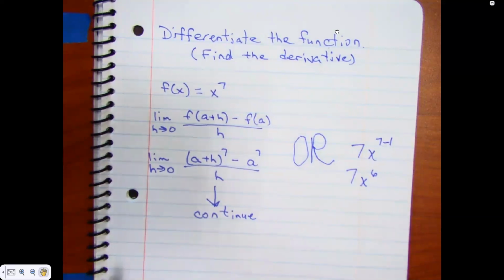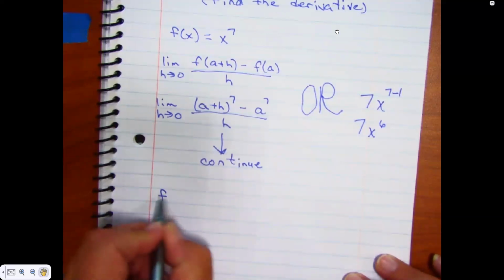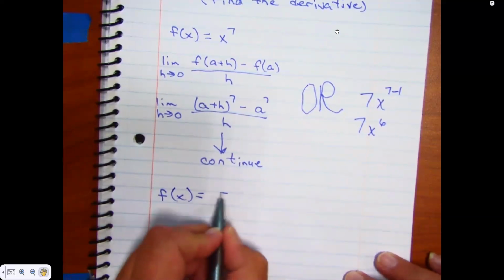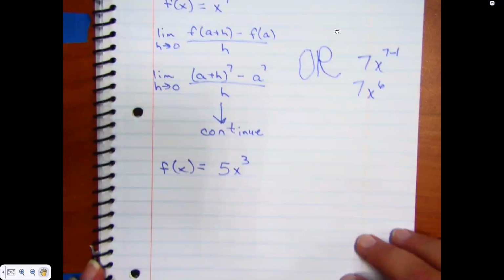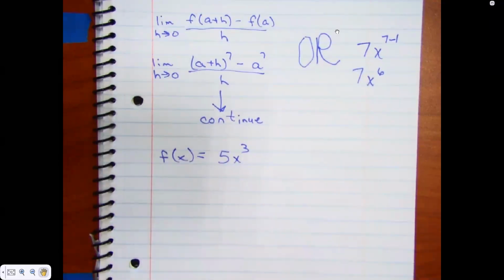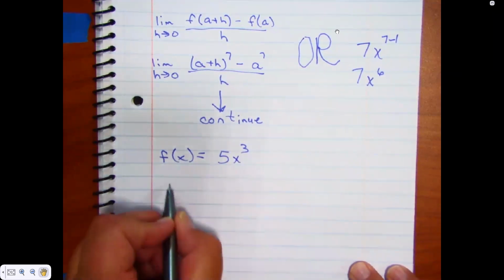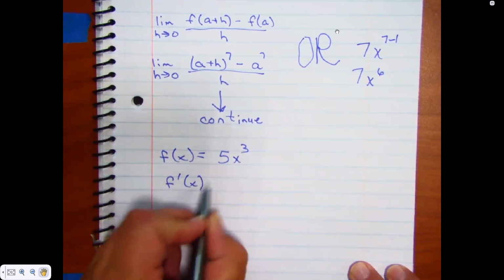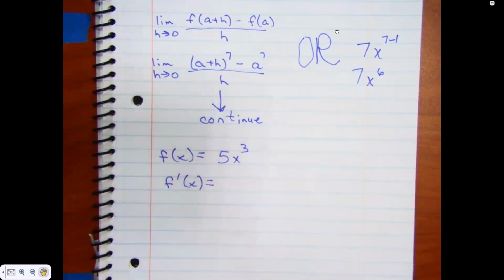All right, how about if f of x equals 5x to the 3rd? I could do limits, or I could do my shortcut. What's the derivative? Roll it down. Now, what do I roll down if there's a number there?